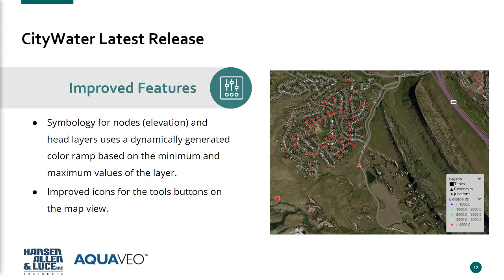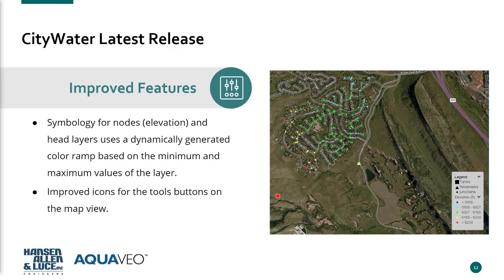This results in the layers being symbolized as a solid color, as you can see, which is not very interesting or particularly useful if you're trying to determine any information by just looking at this. So in our new release, these color ramps are now dynamically generated for each model, so that you can see the full range of values visualized on the nodes.